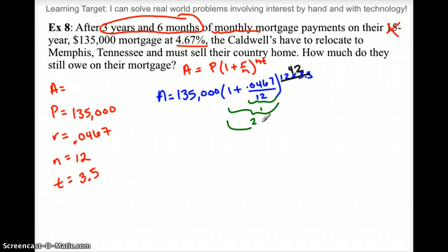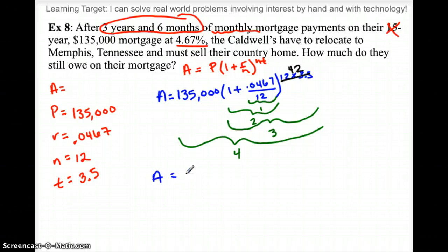Thirdly, I'm going to raise it to a power of 42, using the caret key or your power key, and hit equal. And lastly, I'm going to multiply by 135,000. And so my A value should be $158,921.50.